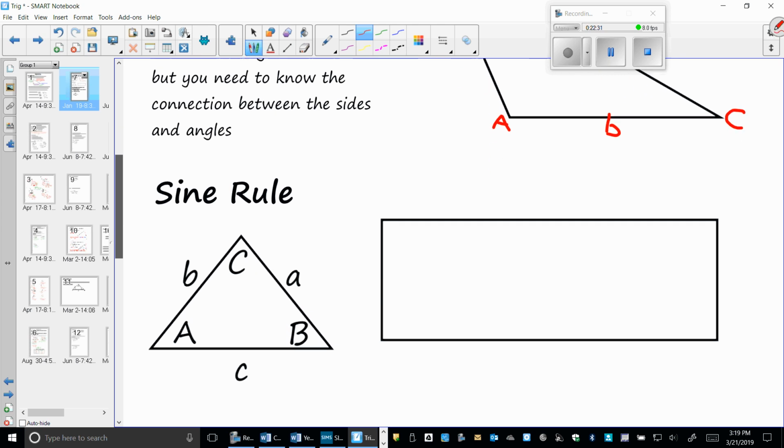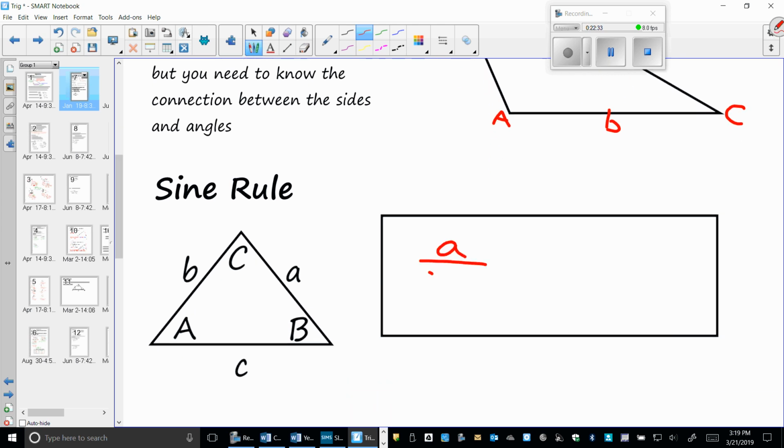The sine rule states: a over sine A equals b over sine B equals c over sine C. You're only going to use two portions of that, so you're only ever going to have one equals sign.